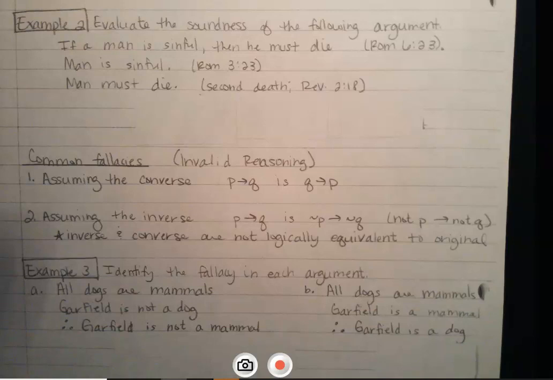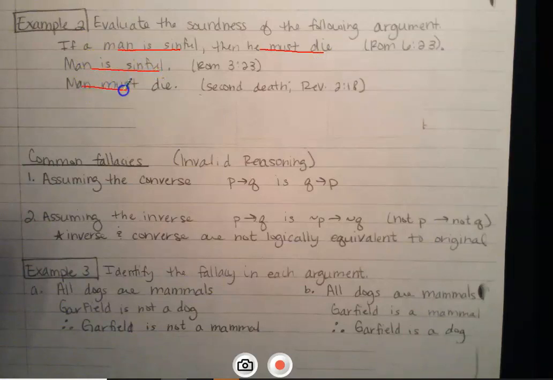According to what we just read, it has to have true premises and it has to be valid. It's valid if it's connected. So let's check validity. If a man is sinful, then he must die. So we're talking about man being sinful and then he must die. Premise 2 is man is sinful.